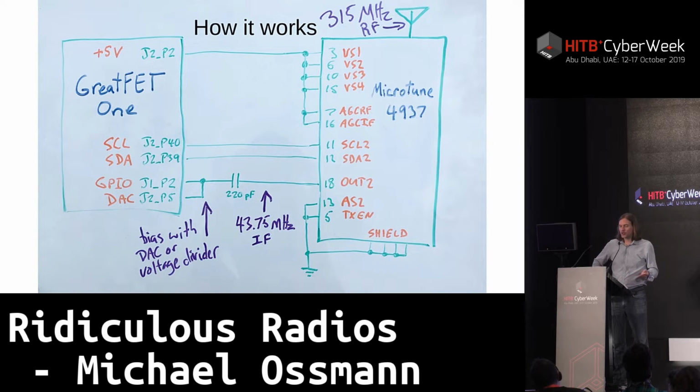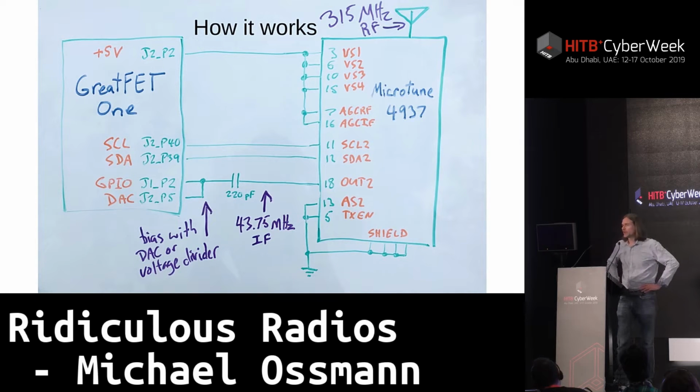And then there's this one connection that goes between the two, that bottommost connection, from the output, pin 18 on the tuner, over to a general purpose I/O pin on the GreatFET. And we put that through one component, which is a capacitor. The purpose of the capacitor is to block DC, but allow AC, or the radio frequency, the varying part of the signal, through.